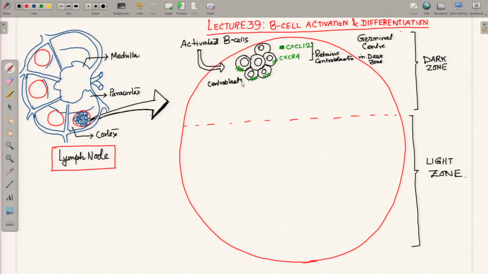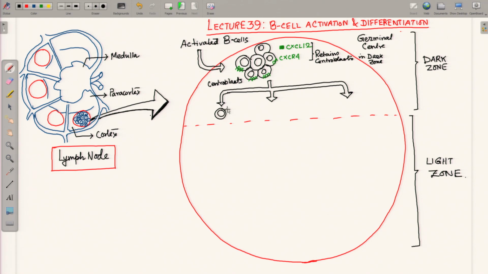These centroblasts will undergo a specific process known as somatic hypermutation, and they will produce different centroblasts with different affinities. Affinities for what? The B cells will develop different B cell receptors, or antibodies, on the surface which have different affinities for the antigen.